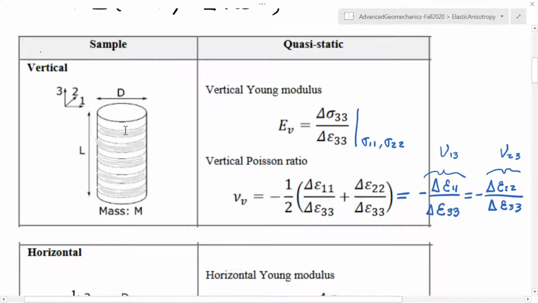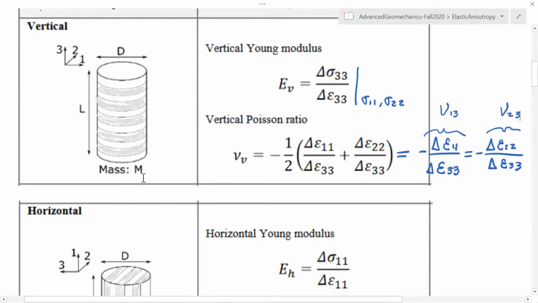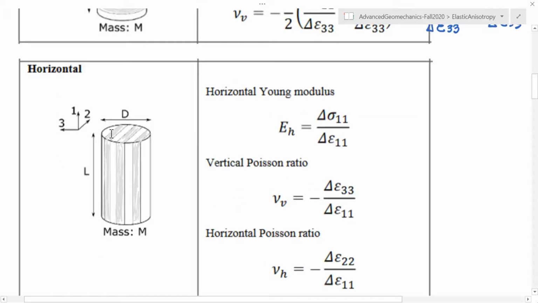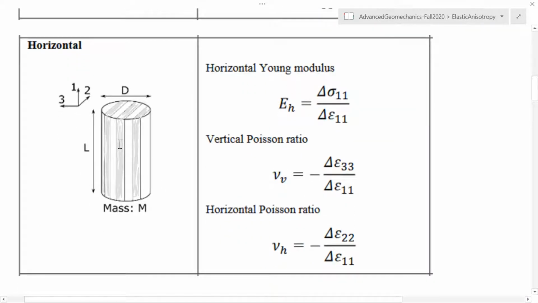All right, so now we have measured 2 parameters, and remember that for a VTI we need to measure 5 independent parameters in order to fully characterize this anisotropic medium. All right, the next choice is going to be to obtain a sample of this VTI medium, but now in horizontal direction.